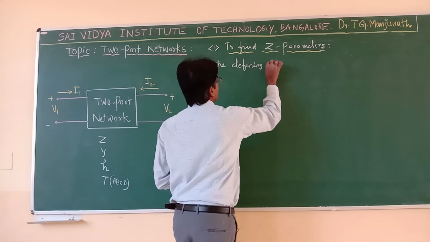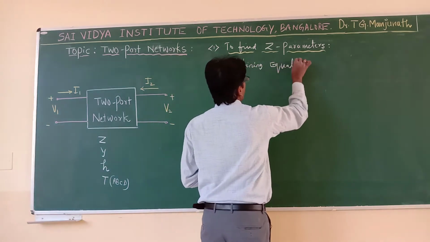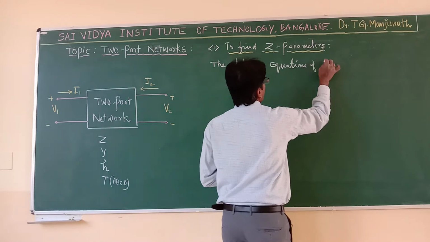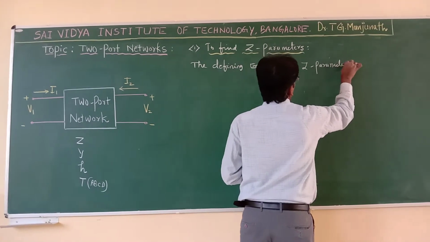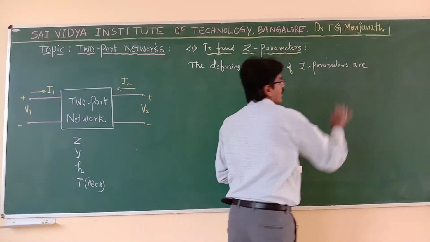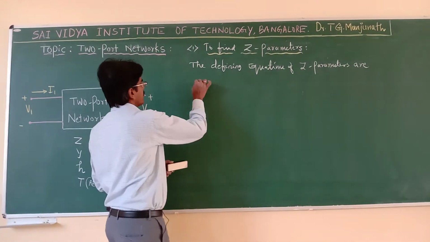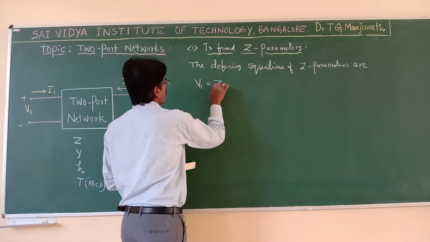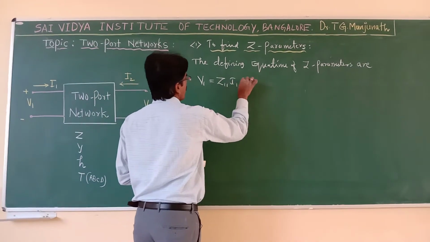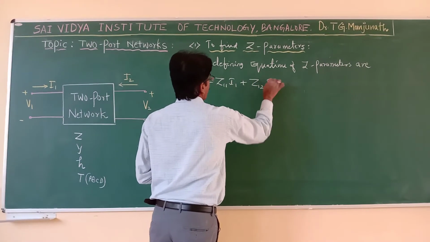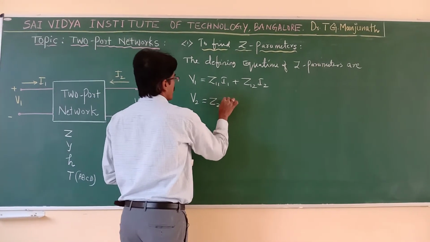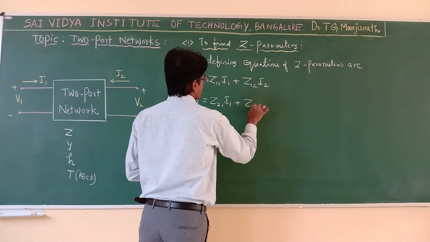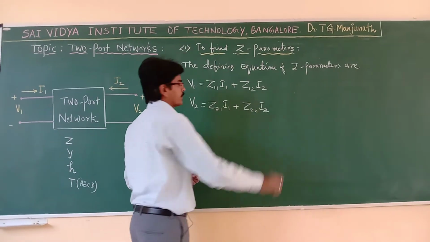The defining equations of Z parameters are voltage equations. That is, V1 is equal to Z11 I1 plus Z12 I2, and V2 is equal to Z21 I1 plus Z22 I2.